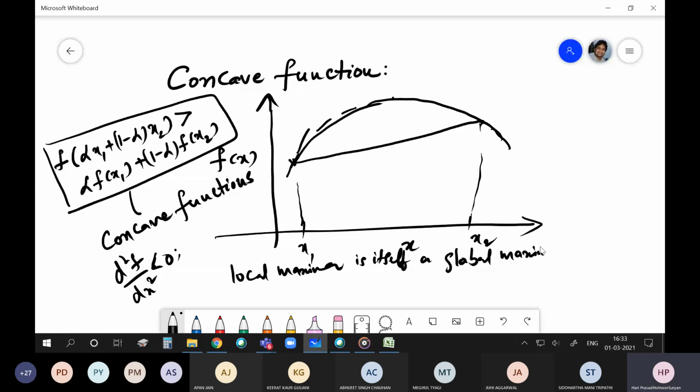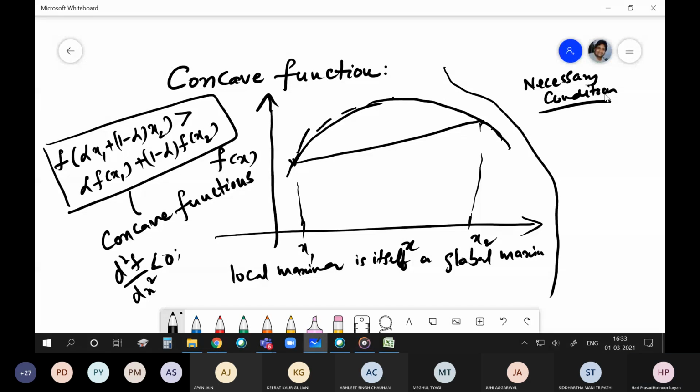So now how can we enumerate what we have done? What is the necessary condition for minima or maxima? The first derivative should be 0. That means df by dx should be 0.